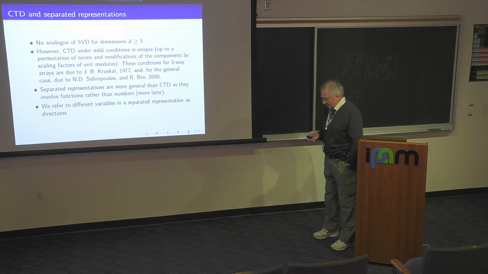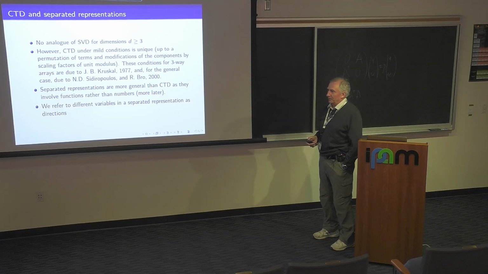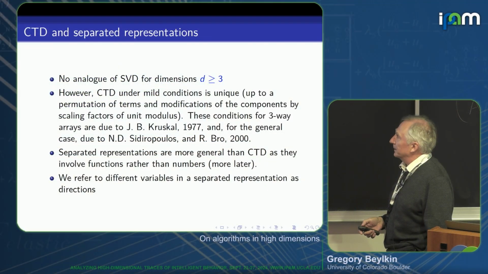However, there is something else which is not available for matrices. Basically there is a condition, in this case for three-way arrays, due to Kruskal, the so-called Kruskal rank.